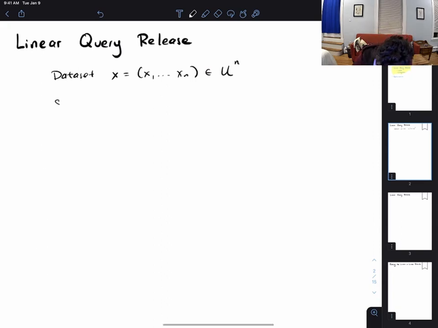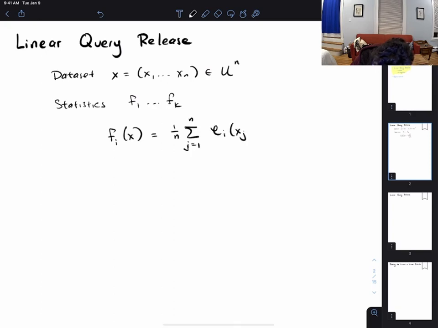And we're given statistics f1 through fk, and each fi is defined as 1 over n times the sum over all of the records in the data set of some function phi that maps each possible record to a real number.